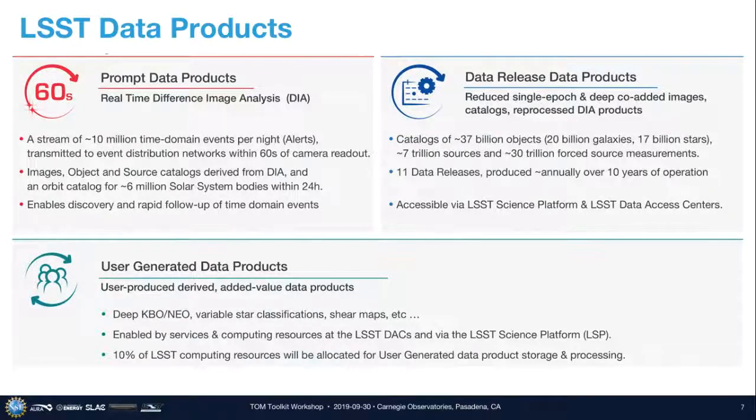So users will be encouraged to perform such classifications and release those to the public, and we will support their releasing their own data products federated with the project-provided catalogs through the LSST science platform. About 10% of the LSST computing resources will be allocated for the generation and storage of these kinds of data products.